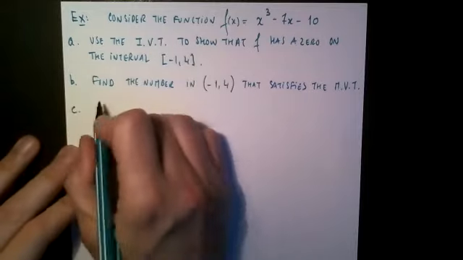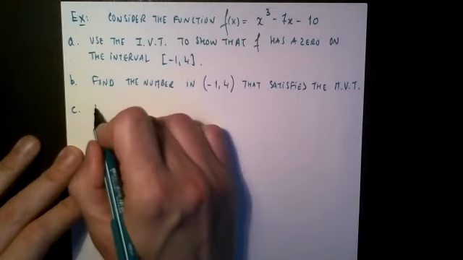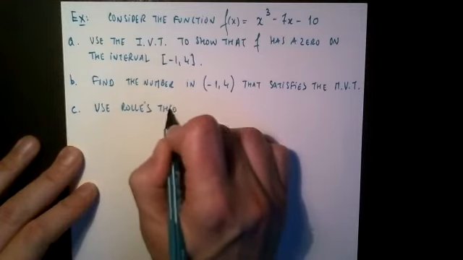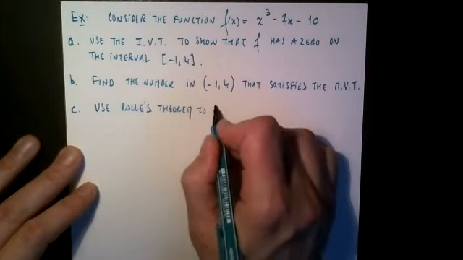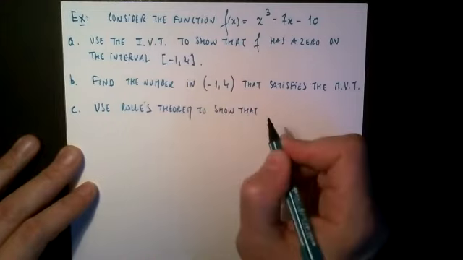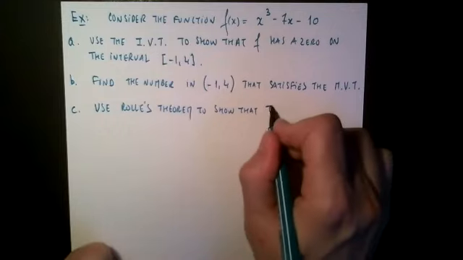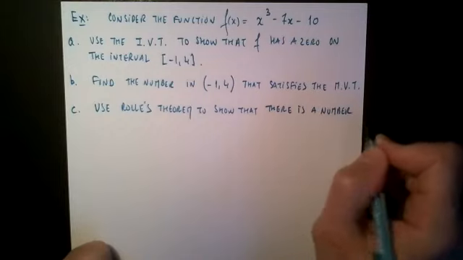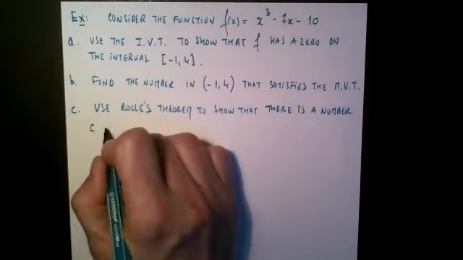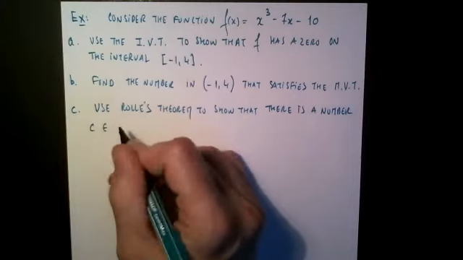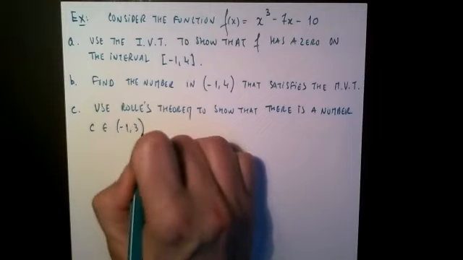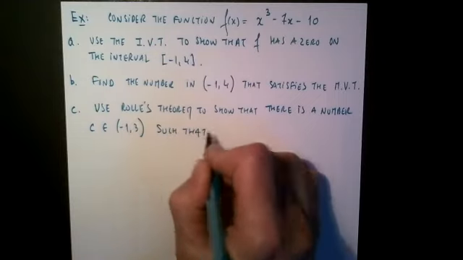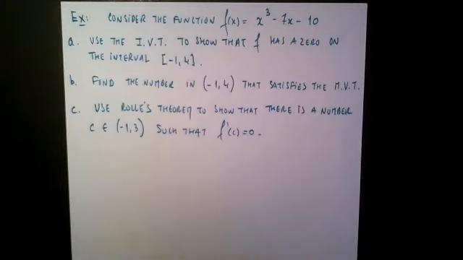And C, use Rolle's theorem to show that there is a number C in -1, 3 such that f prime of C is equal to 0.